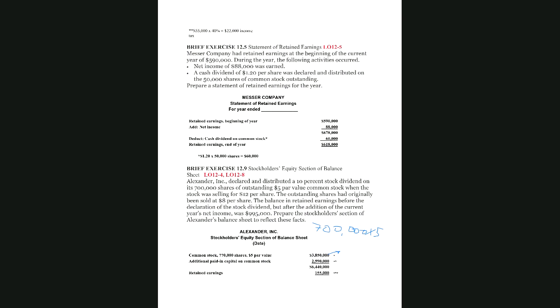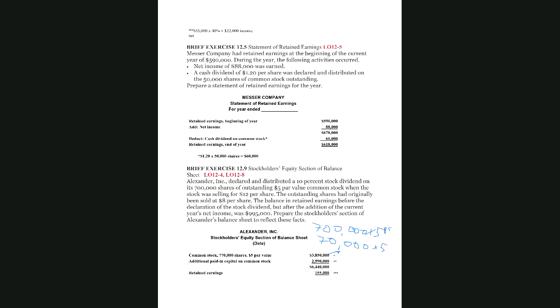Then, since we had a stock dividend for an additional 70,000 shares of common stock, what is the amount that gets credited to the common stock account because of the stock dividend? Again, only the $5 par. So I add together 700,000 times $5, which is the amount of the par.